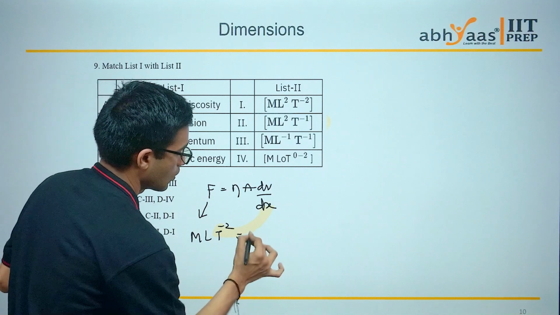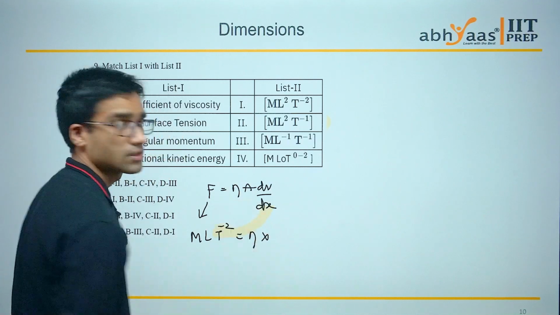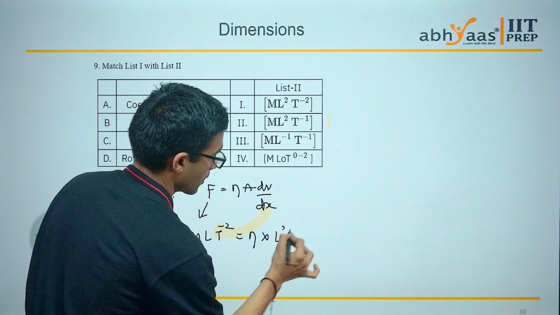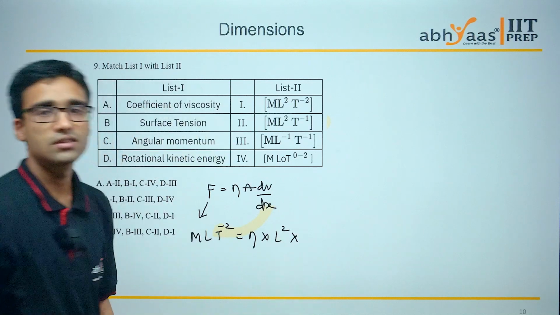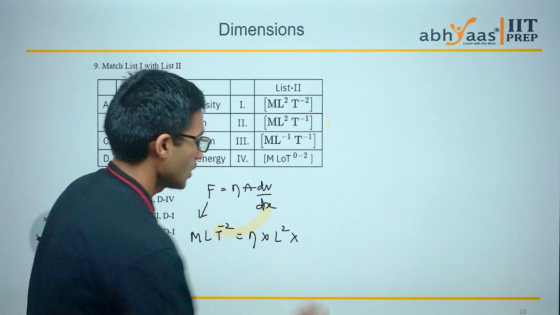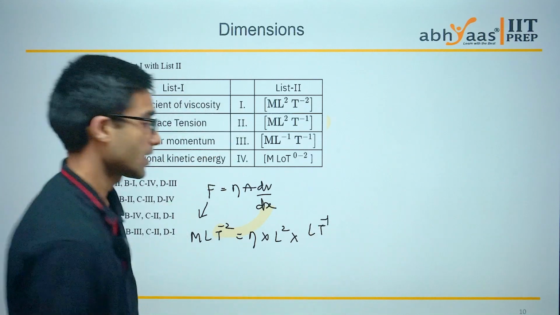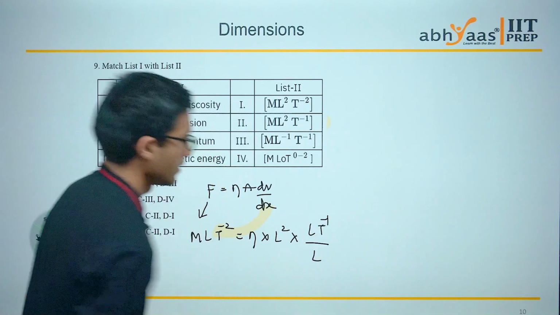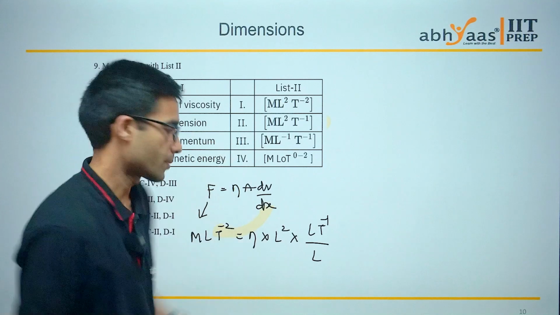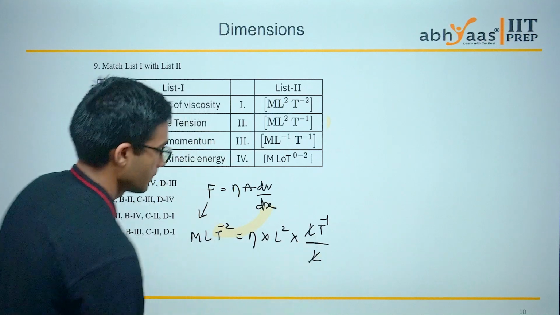Zeta is called coefficient of viscosity. Area A is L square into dv by dx. V means velocity. Velocity you can write as L t power minus 1, that is meter per second, per meter. Dx is gap. So L gets cancelled.